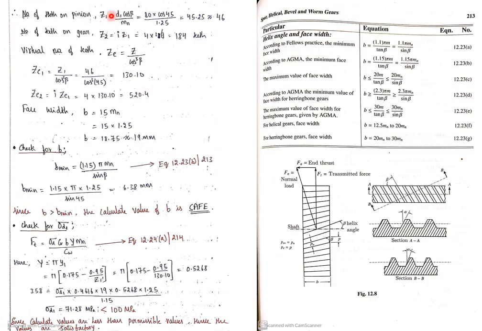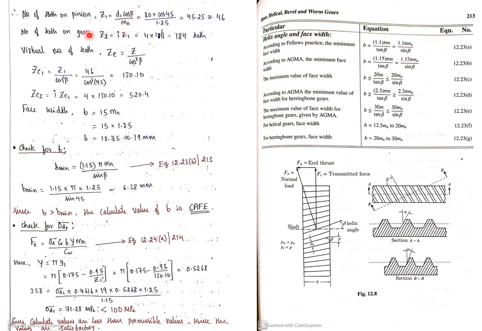We have found the module Mn. Now we need to find the actual number of teeth of the gear and pinion. Since the module Mn has been standardized, we are finding the teeth once again.